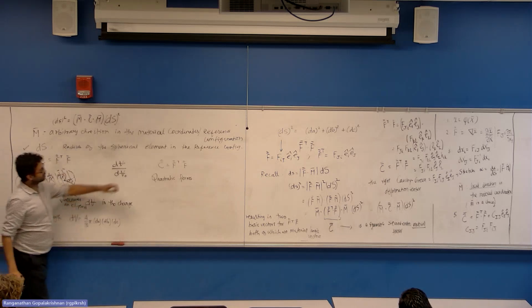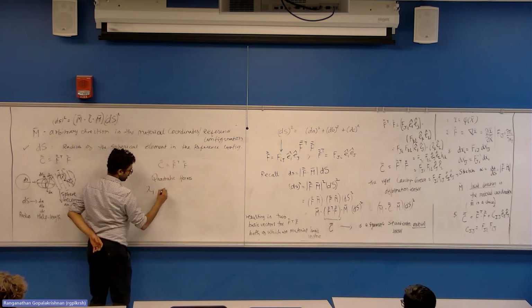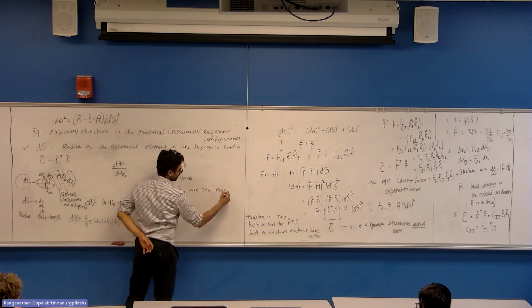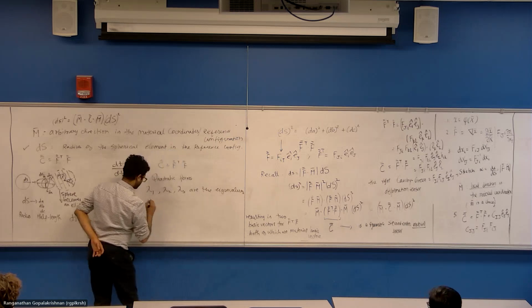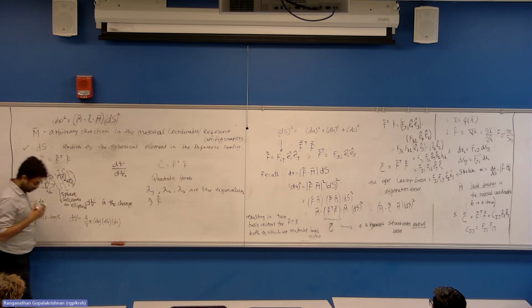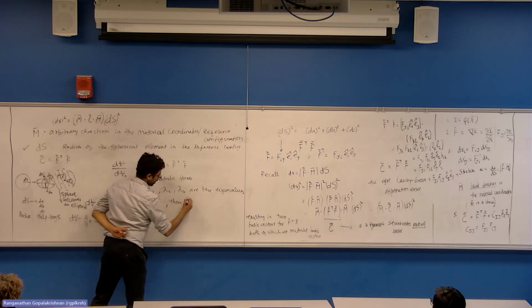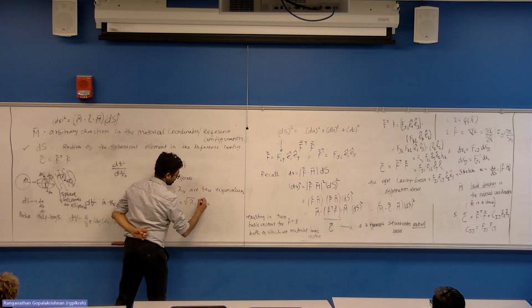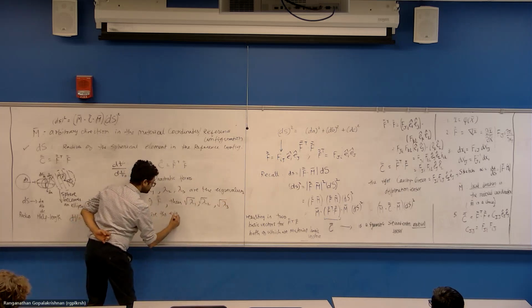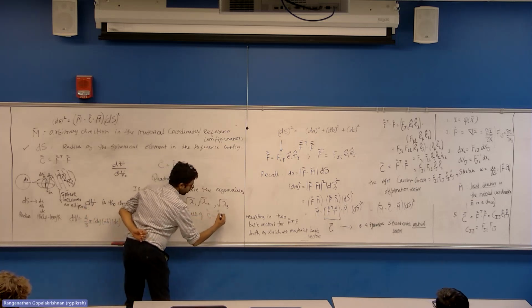That is, if a tensor can be written as the product of two tensors, and if lambda one, lambda two, and lambda three are the eigenvalues of F, then square root of lambda one, square root of lambda two, square root of lambda three are the eigenvalues of C, which is the square of F.